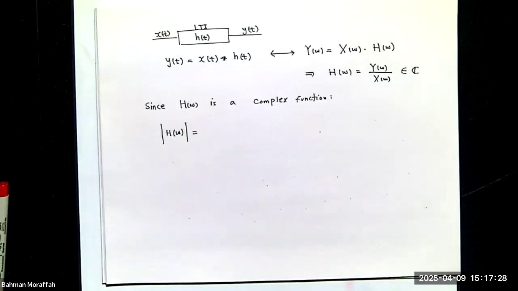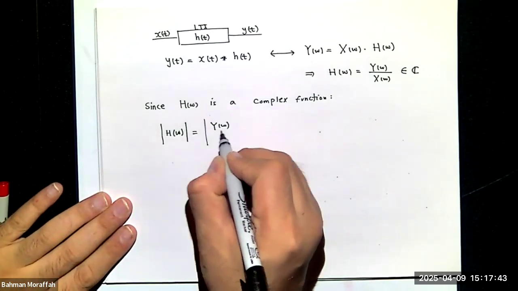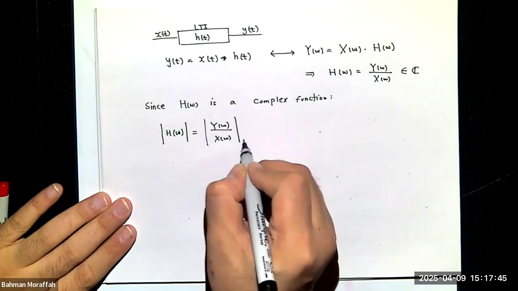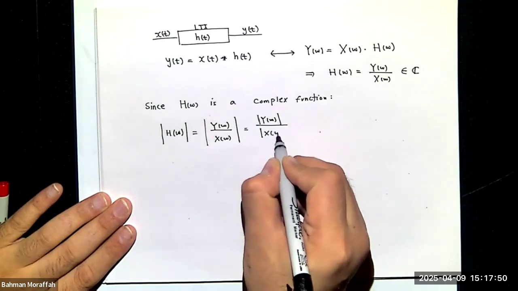Remember, H of omega is that division. What is the magnitude? It's the magnitude of the numerator divided by the magnitude of the denominator. So it's the magnitude of Y of omega over X of omega, which we know is the magnitude of Y of omega divided by the magnitude of X.